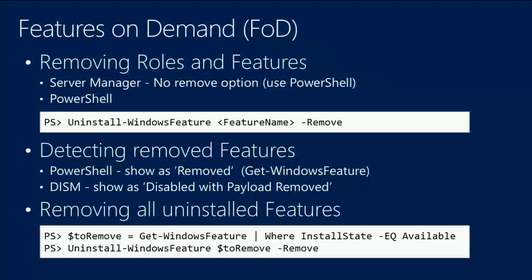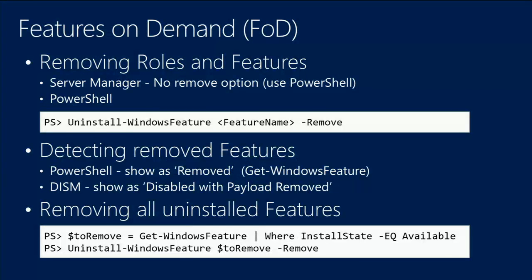How do you detect if a feature is removed? So if we go into a server and say Get-WindowsFeature at the PowerShell layer, you'll now see one of three states for each feature. It'll either be installed, it'll be available, which means that the binaries are there on the system, ready to be installed, or it'll show up as removed. Okay, so if it shows up as removed, that means that we've used this -Remove parameter, believe it or not, to take those binaries out of the side-by-side store.